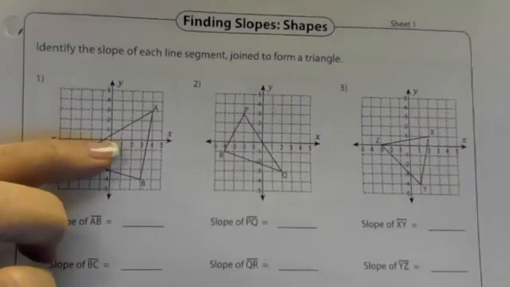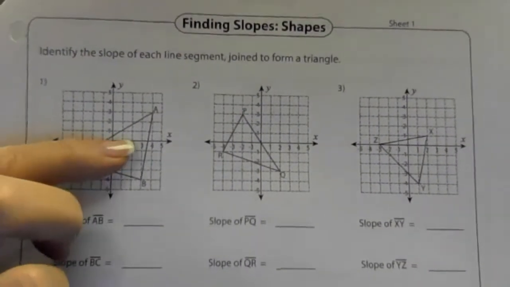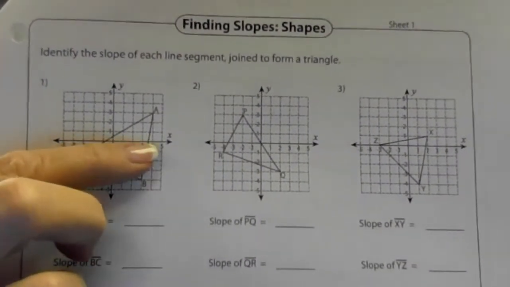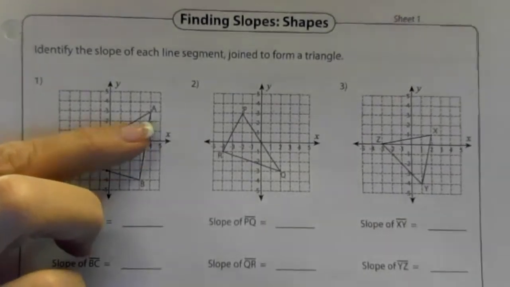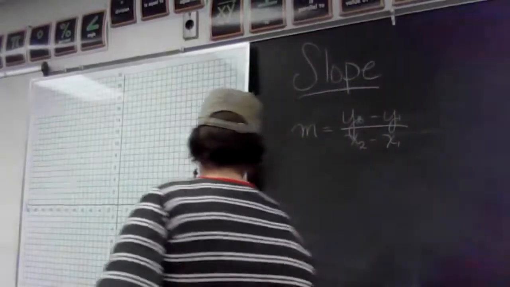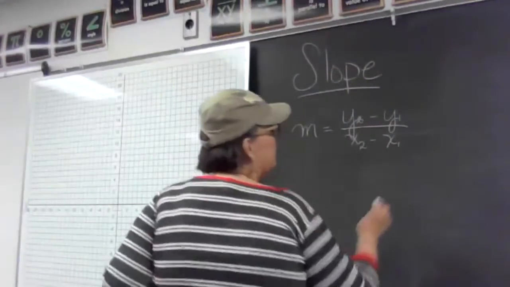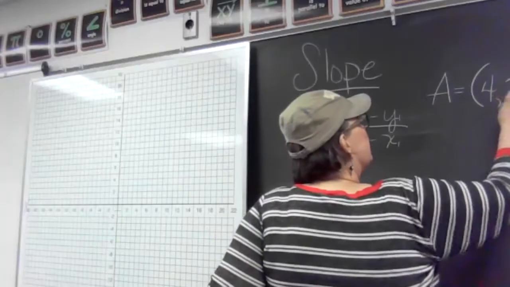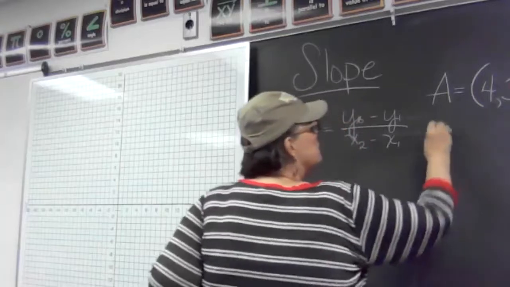And we move in the X direction first. 1, 2, 3, 4. 1, 2, 3. So our point A is located at 4, 3.